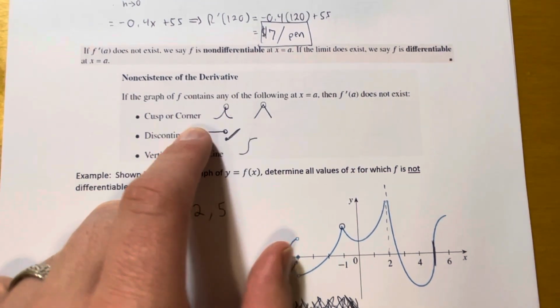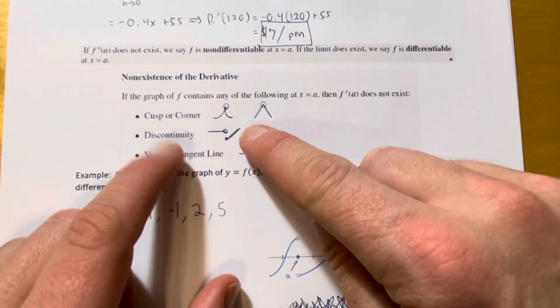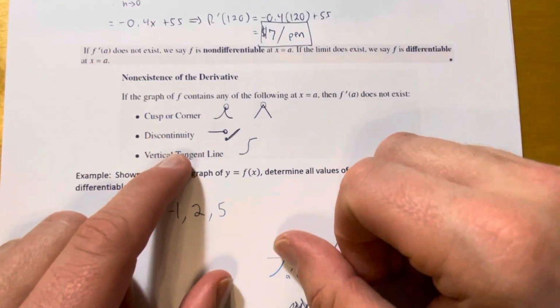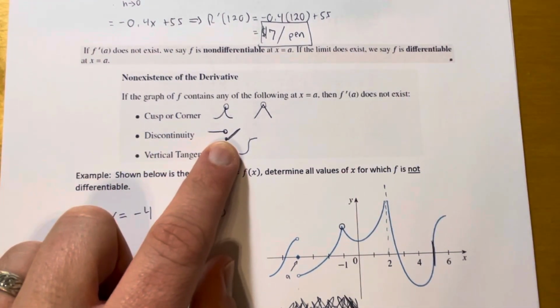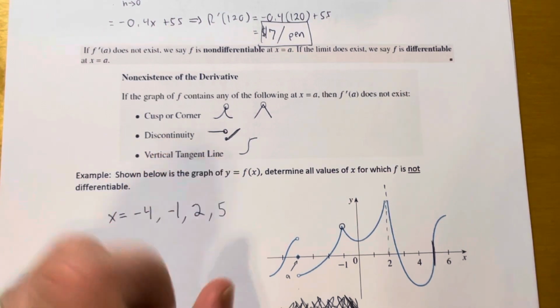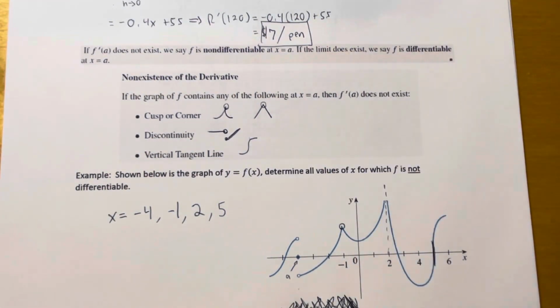This is a cusp. It's when the graph curves into a point like that, or a corner, exactly what you would think of as a corner. Discontinuities are places where graphs cannot be differentiable, and vertical tangent lines. If the graph ever appears to go vertical at any point, we would have a vertical tangent line there. That would also imply that we have non-differentiability there.